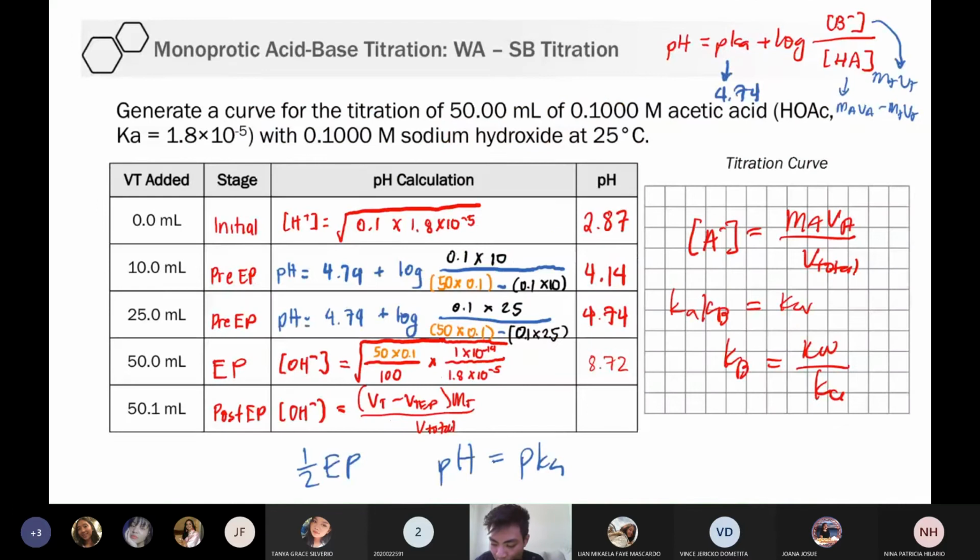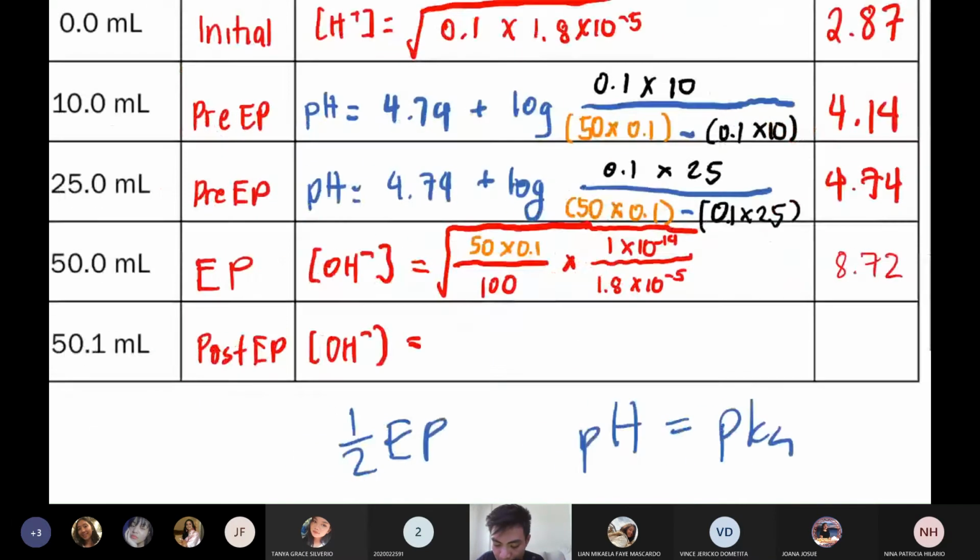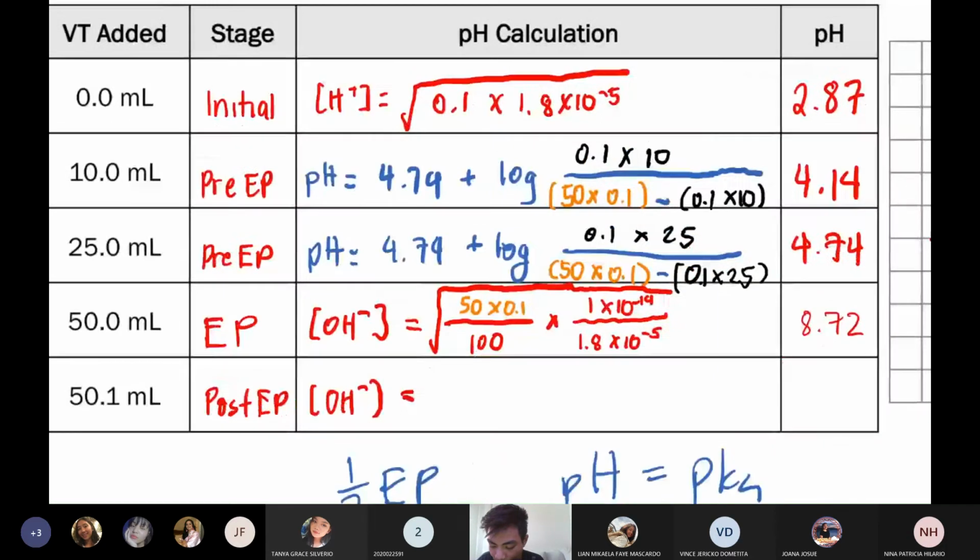Erase ko to kasi ang daming sulat. Sana sa quiz mataas kayo dito. So that's VT minus VTEP, which is 50, times the concentration of the base divided by volume total.